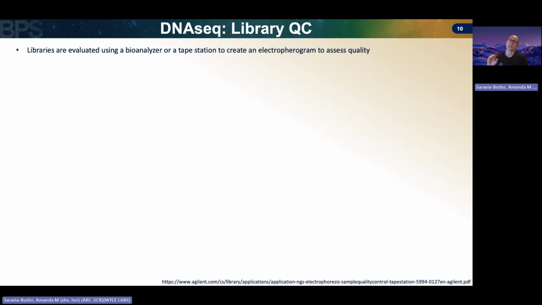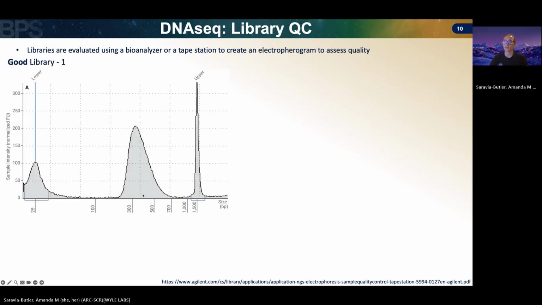More common ones used are known as a bioanalyzer or a tape station, and it makes this gel electrophoresis very easy, where you just load your sample, put it in the machine, and the machine will spit back out to you that electropherogram to help you assess the different sizes that you have in your library samples.